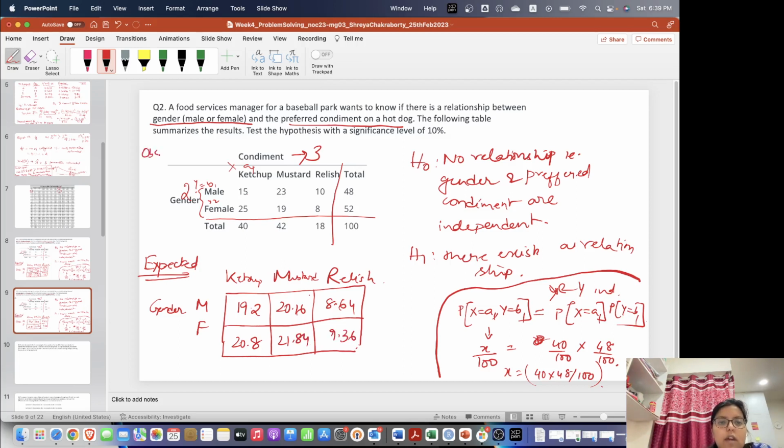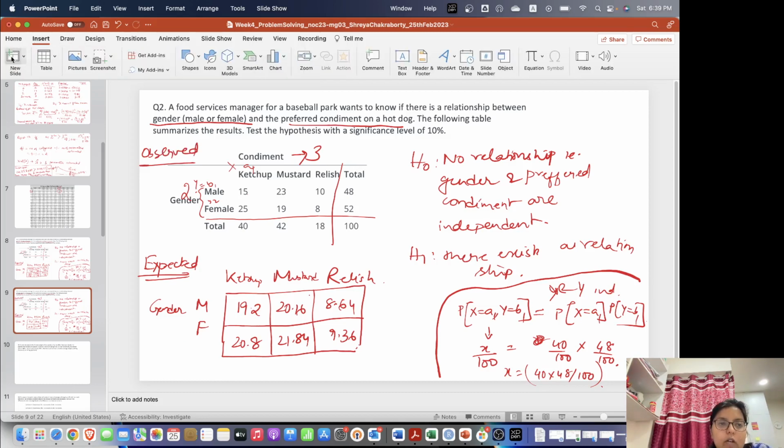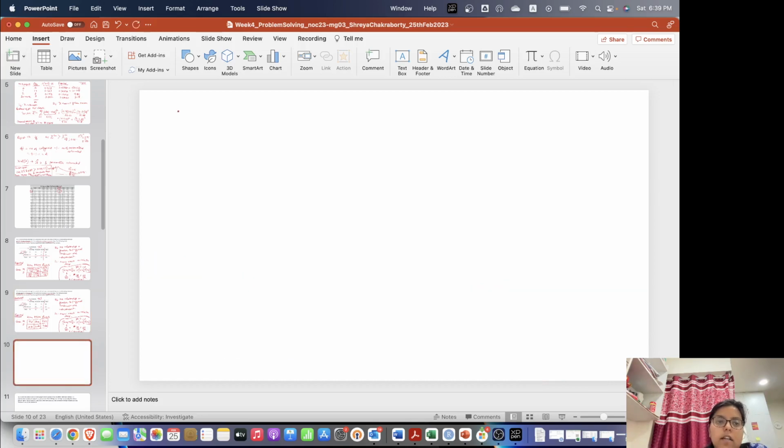So now we have the observed counts and the expected counts. So then now we have to find out the test statistic.